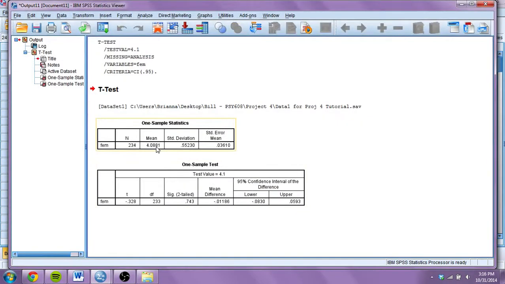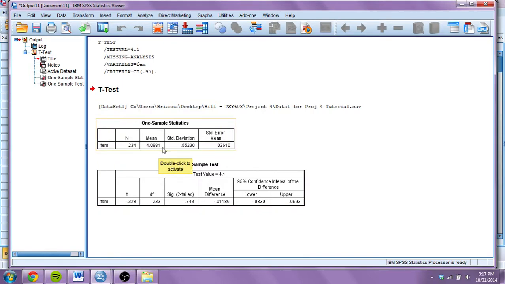All right, so it shows you here the mean of FEM is 4.08. And then if you look down here, here's the result of our one sample t-test, and it shows you the test value of 4.1. And what you guys want to look at is the probability of this model, the 4.1 model, given our obtained FEM mean of 4.08.